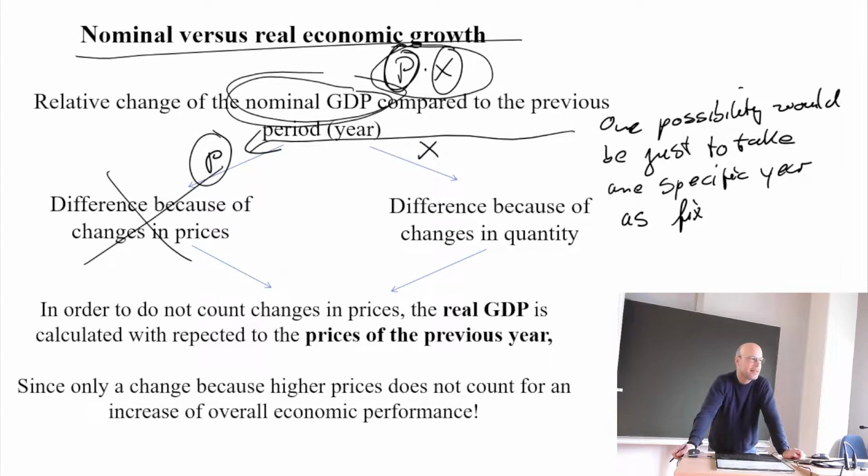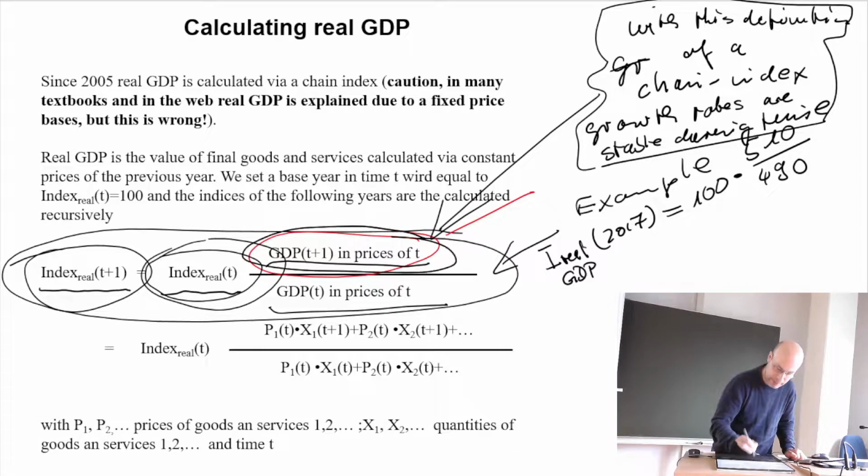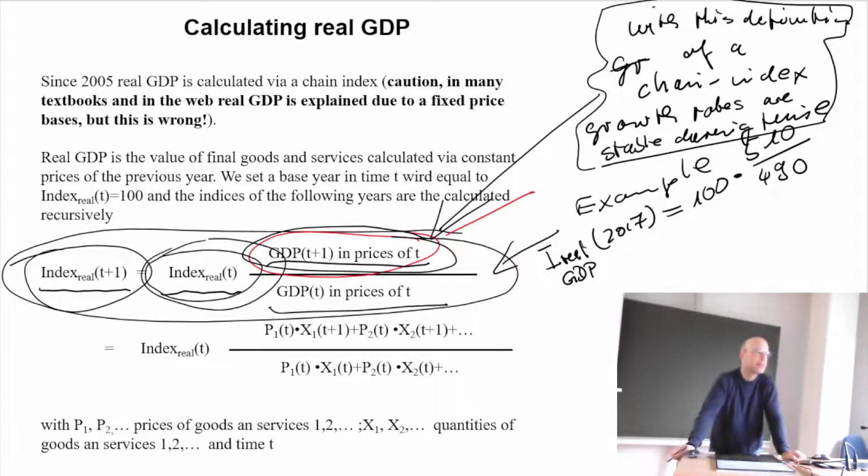Then we wouldn't really say that this would be appropriate growth, and therefore we looked for some possibilities how we can get rid of this price effect, and this was then done via this chain index for real GDP, where we multiplied the actual production always with the prices of the former year, and through this chaining, also always with the former year, we came to a method that we can get rid of the price effect by measuring our economic performance.